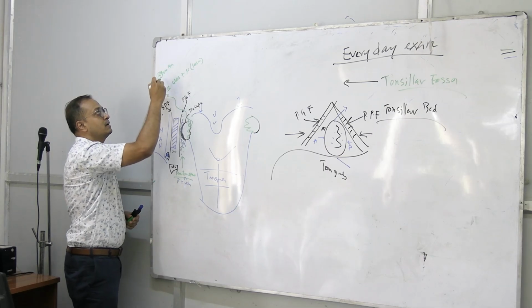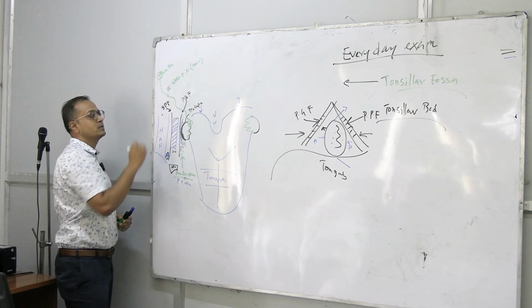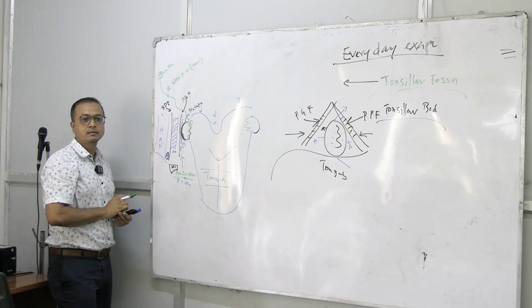It supplies the middle ear, and piercing the middle ear, it goes to supply the mucosa of the tonsil. That means it is providing the sensory supply.